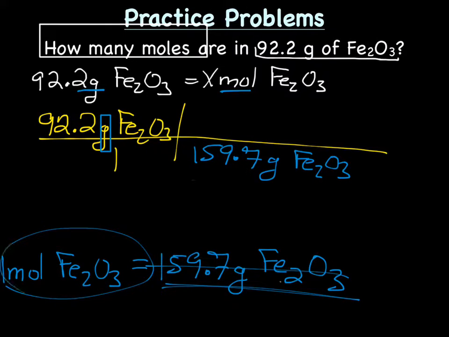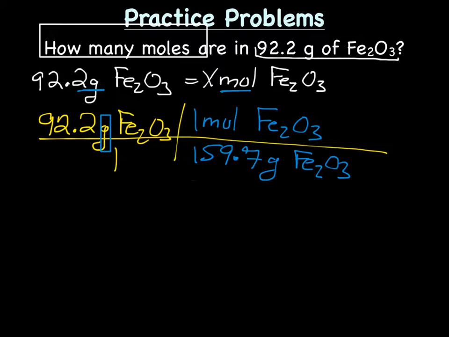At the top, we'll put what's left over, which is 1 mole Fe2O3. Let's double check that our units actually cancel out. So we have grams Fe2O3 crossing out grams Fe2O3. Please really check. Is this grams Fe2O3 and this one? Yes, then they really do cross out.